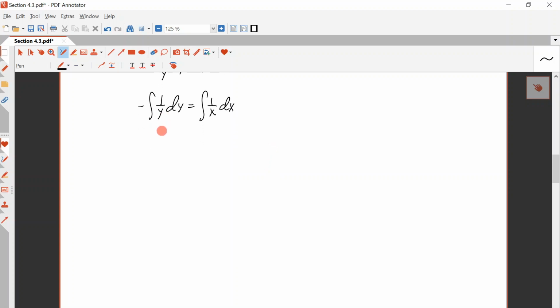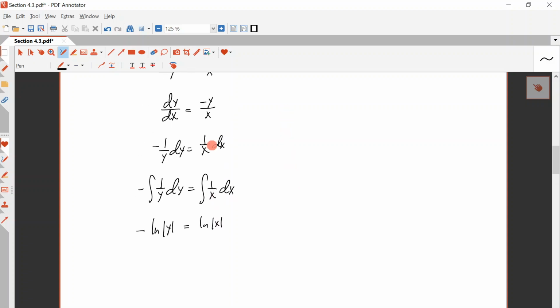The antiderivative here is the negative of the natural log of y is equal to the natural log of x. You know what? Let me leave the negative over here, make that one positive, plus c.